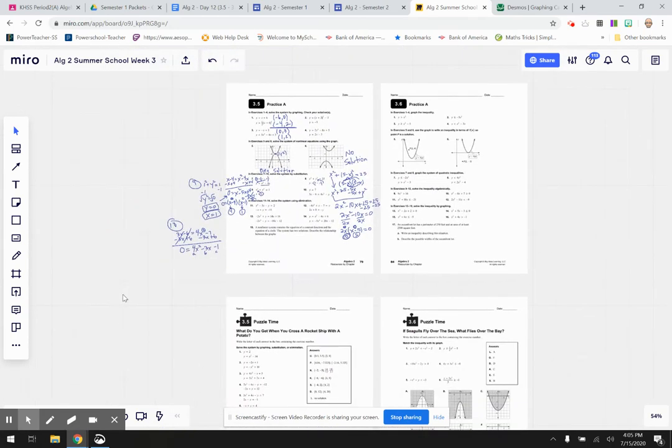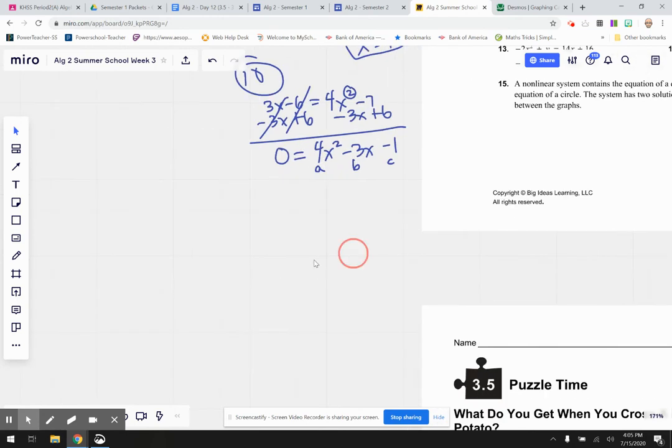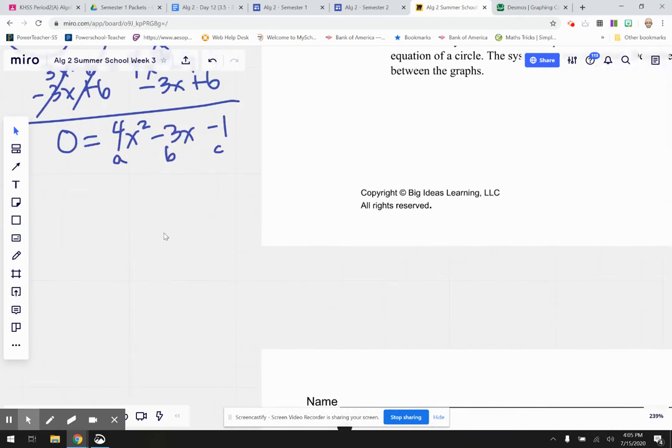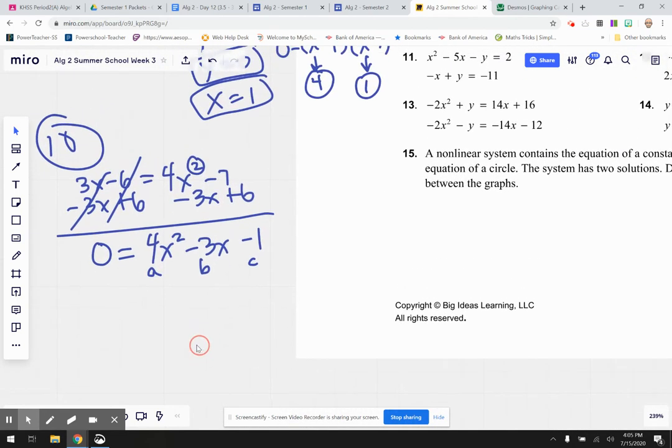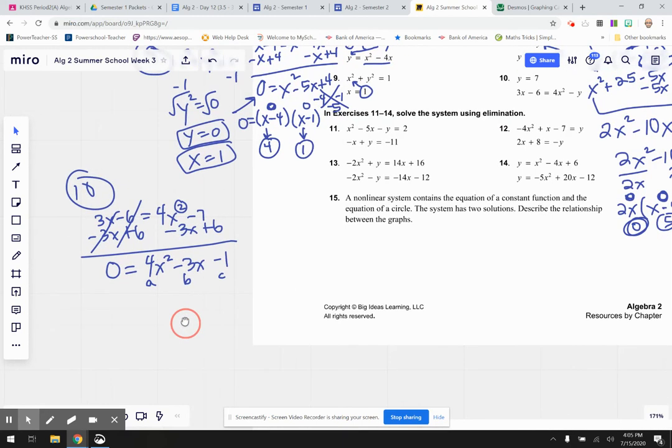But factoring is easier if you can factor it. So I would try factoring to see if I could find two factors of that trinomial. I would need to use my star method because there's a number in front of x squared. So we would multiply the first number times the last number, which would be negative 4, and negative 3 is the middle number.